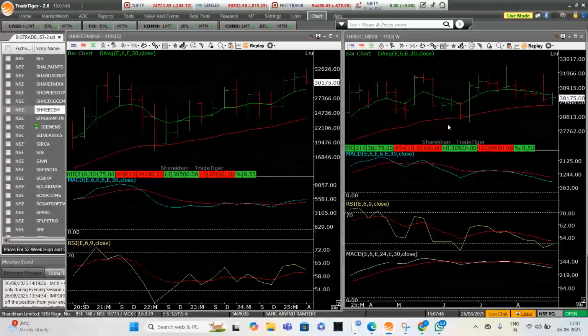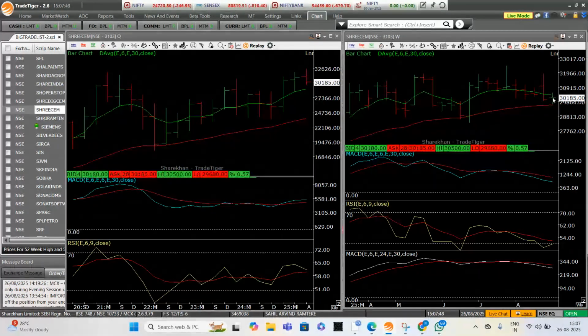In the weekly, if we go, as per the last week, it is showing us a short-term bearish trend in the weekly time frame.